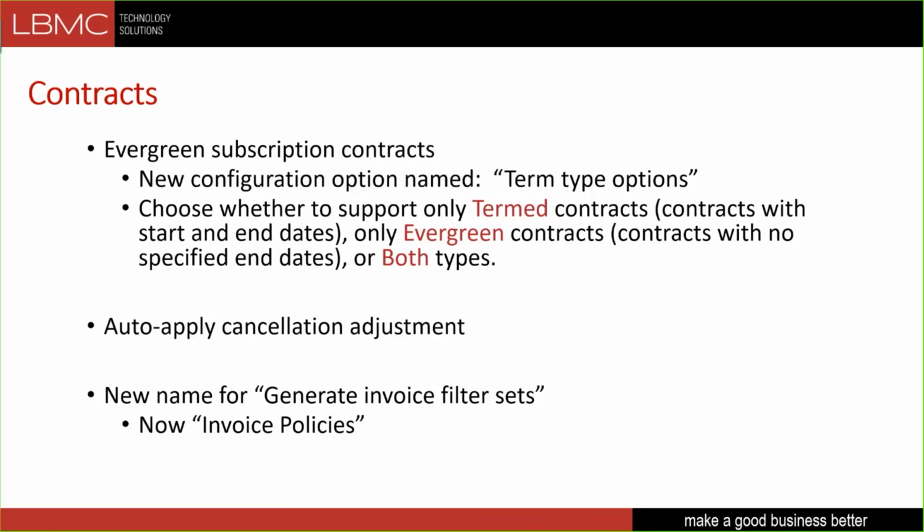But now that functionality is called invoice policies, and it encourages you to create an invoice policy based on the filter criteria. So you would save that criteria and name it a particular invoice policy and reuse that every time that you came in to invoice.